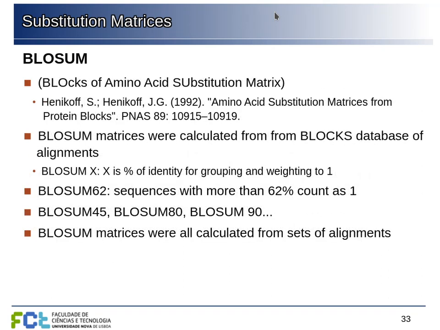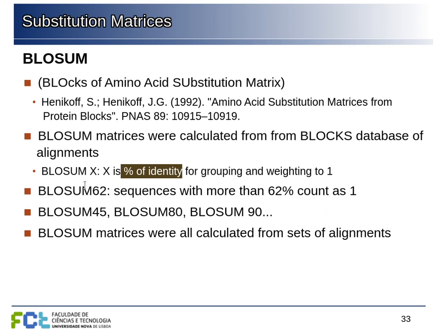Another type of matrix that is often used is the BLOSUM amino acid substitution matrix, which was calculated from this database of protein sequences. The different numbers that occur in the BLOSUM matrices are the values of percent identity that are used to group families of sequences so that each family only counts as one.